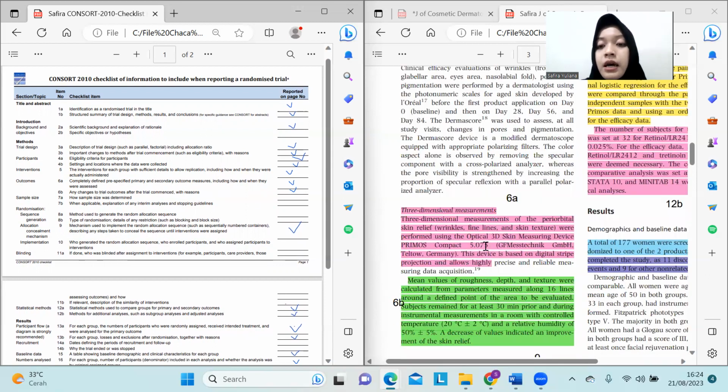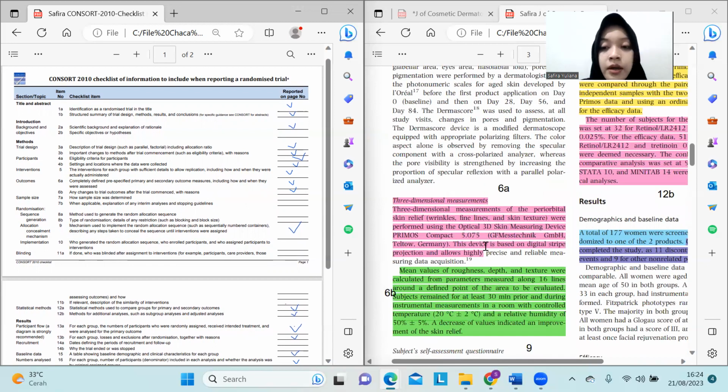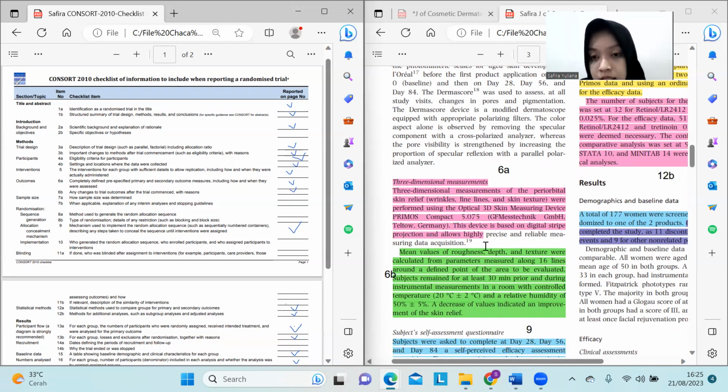Three-dimensional measurement of the periorbital skin relief, wrinkles, fine lines, and the skin texture were performed using the optical 3D skin measuring device Primos Compact 5075 GF Messtechnik GmbH, Teltow, Germany. And this device is based on a digital stripe projection and allows highly precise and reliable measuring data acquisition.